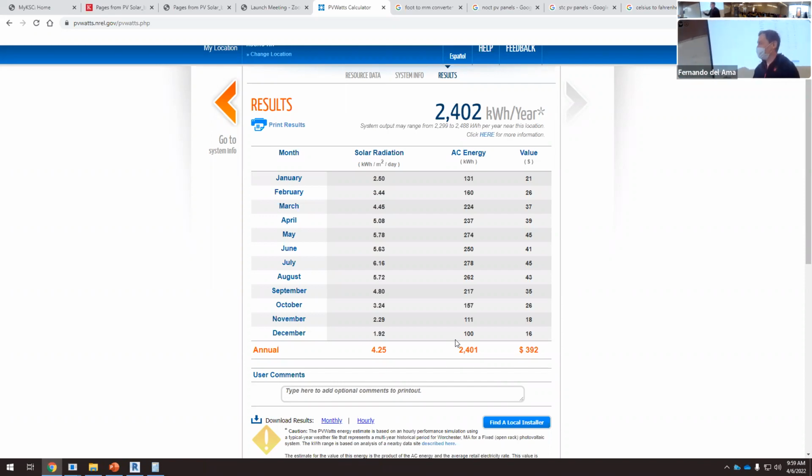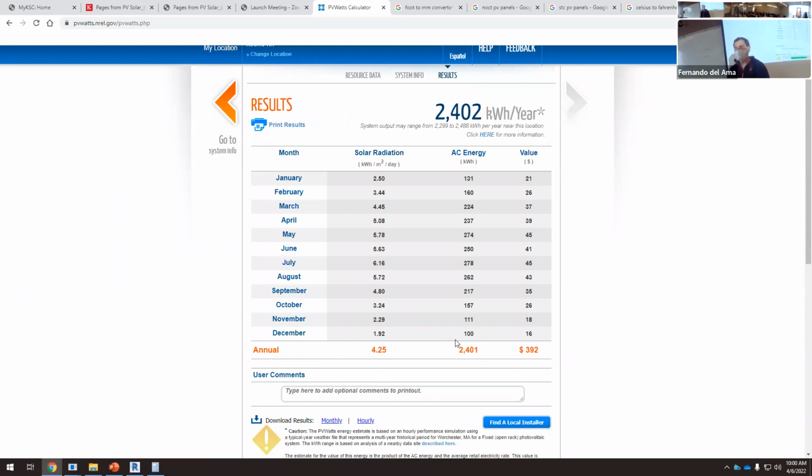Now it's lower than the Revit performance. Why? Probably because Revit is taking into account standard test conditions that are better than the nominal operating cell conditions.